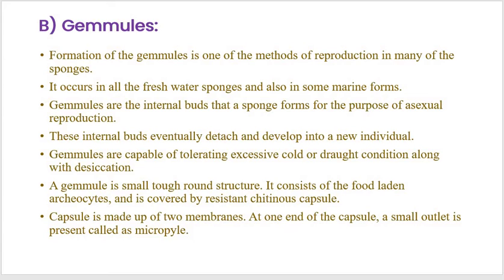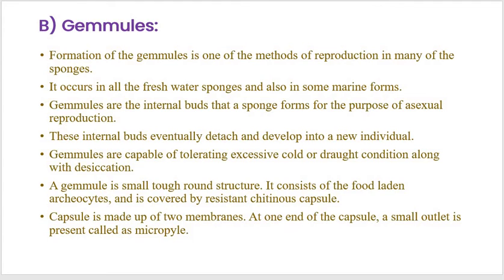Now the gemmules are internal buds that a sponge forms for the process of asexual reproduction. Okay, now such sponges show asexual reproduction by means of a process of budding. And such buds, what we say, are in the form of gemmules.